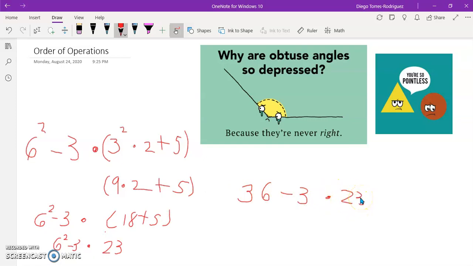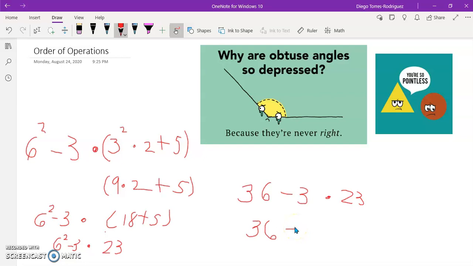PEMDAS rule applies, same thing. Left to right, we have a multiplication right there. We could do 3 times 23, but the easiest thing to do would be negative 3, since it already has a subtraction there. That would be 36 minus, and here comes one of the rules of multiplication: a negative times a positive would be negative.